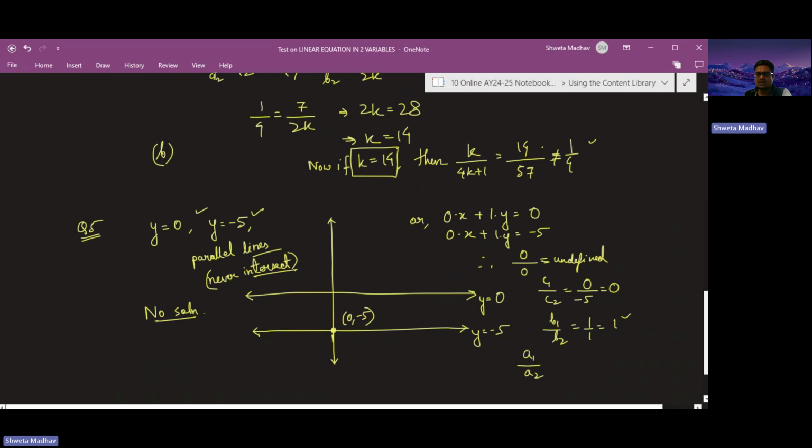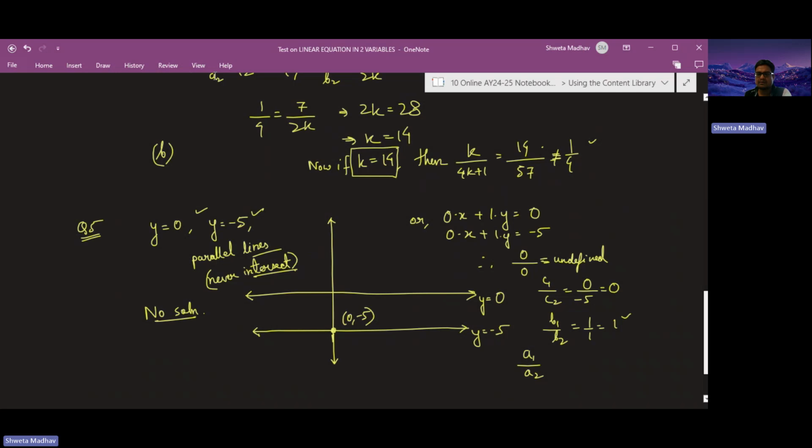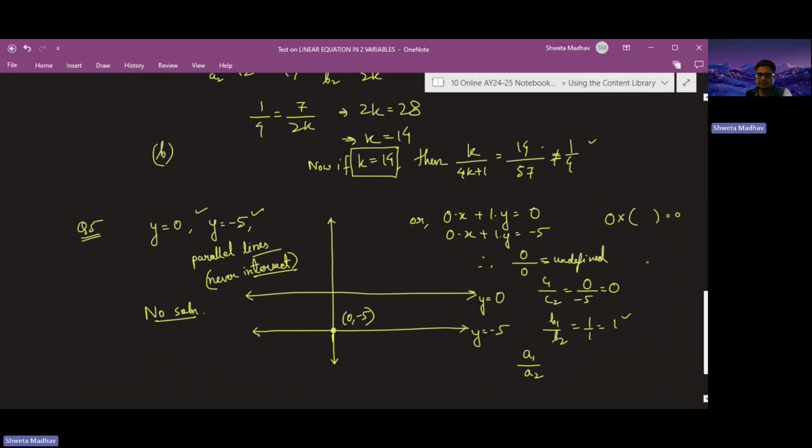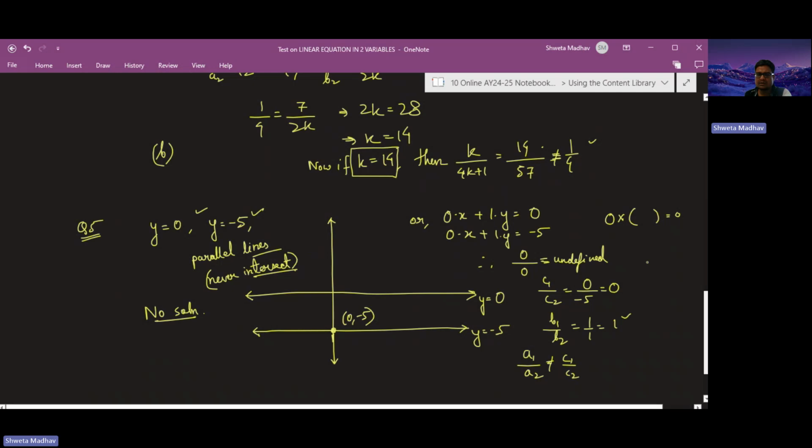So 0 by 0 is undefined, but with 0 by 0 we can get any value also, since 0 multiplied by any number is 0. So here A1 by A2 is also not equal to C1 by C2, and B1 by B2 is also not equal to C1 by C2. So hence here we will have no solution.